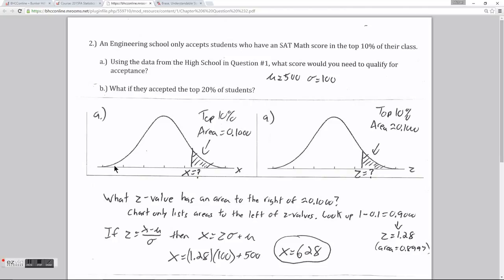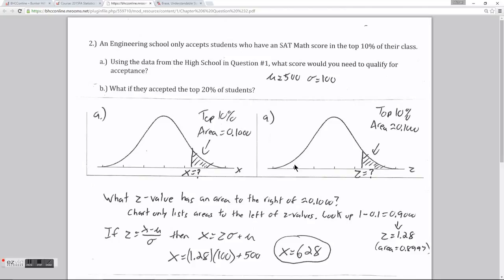If I consider the entire curve having an area of 1, and think about just the top 10% of the curve, we're talking about an area of 0.1. So the question goes to, what SAT score do I need to have an area to the right of that X value to be 0.1?